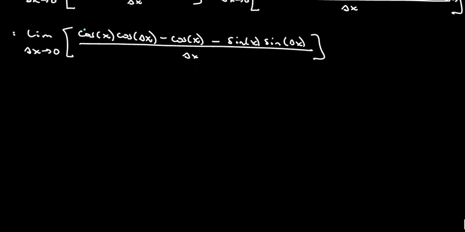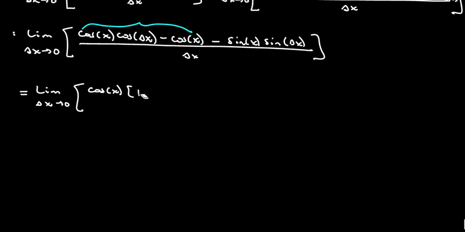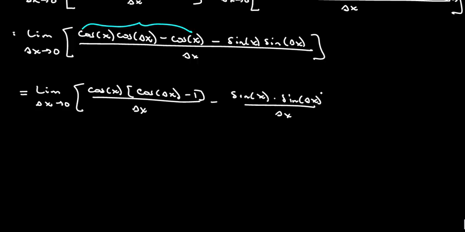Now this piece right here, we're going to go ahead and factor out what we can where it wasn't common here, so cosine x. Cosine delta x minus 1 over delta x. I'm going to split these guys up, then minus, and this right here is going to be sine x times sine delta x over delta x.